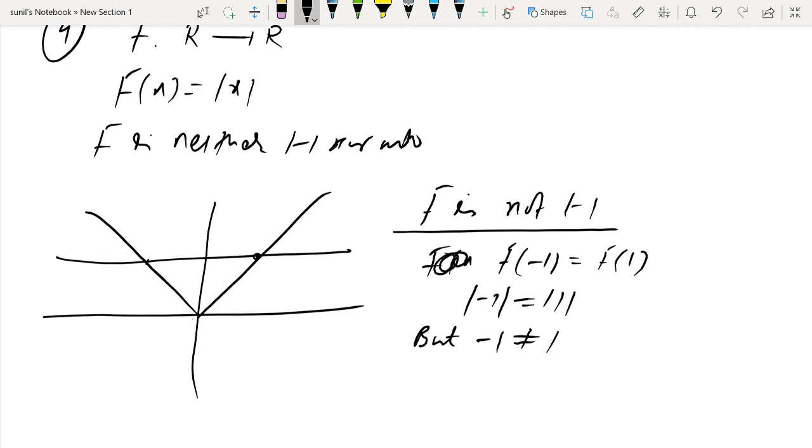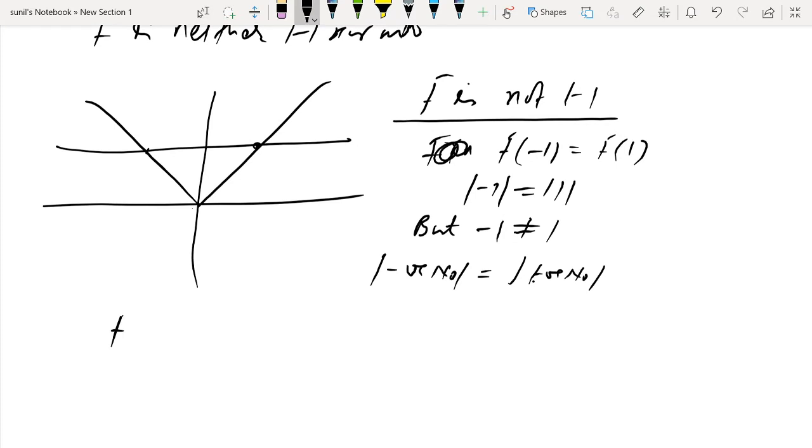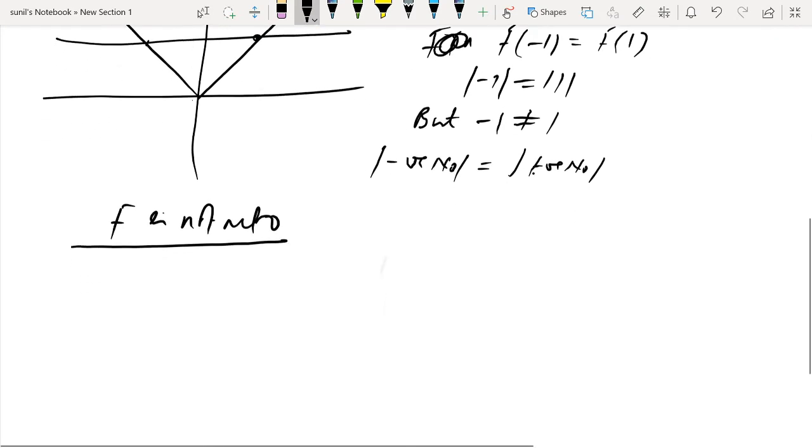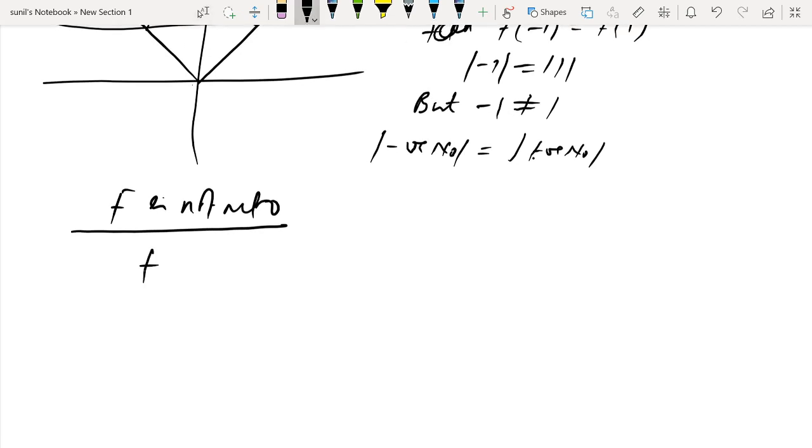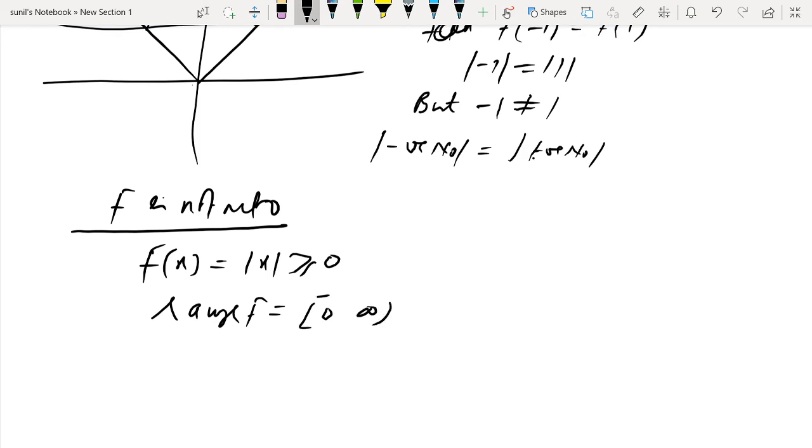So the mod of a negative number with the same magnitude as a positive number is equal. Why is f not onto? Because f(x) equal to mod x is always greater than or equal to 0. So its range f is 0 to infinity, which is contained in R. So f is not onto, since the range is not R.